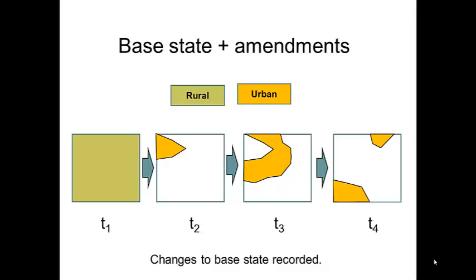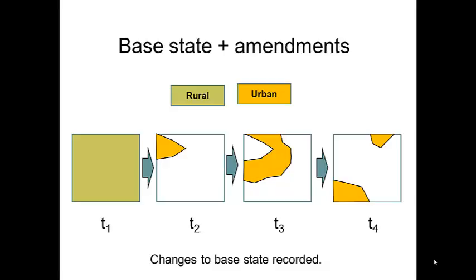So we don't store the whole layer plus the change like we would in the sequent layer approach. Instead we just store the change. And then at T3 that urban area is expanded out a bit more, and then at T4 we've got some more urban areas coming in.